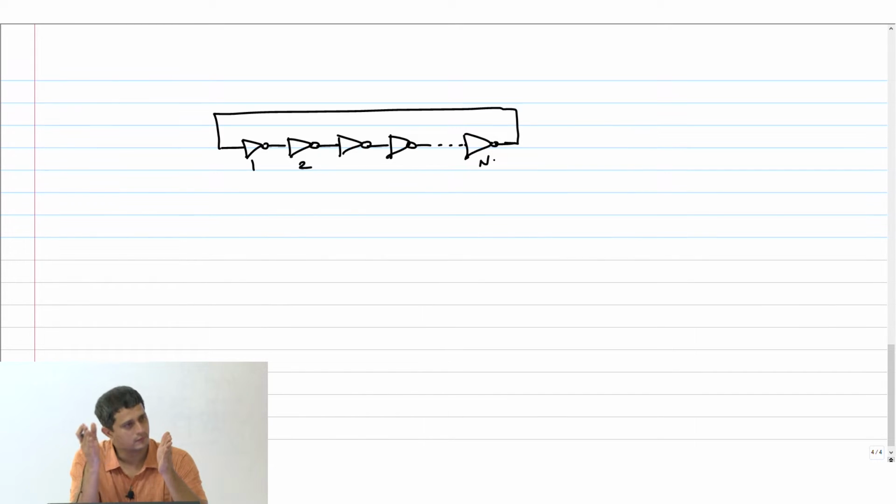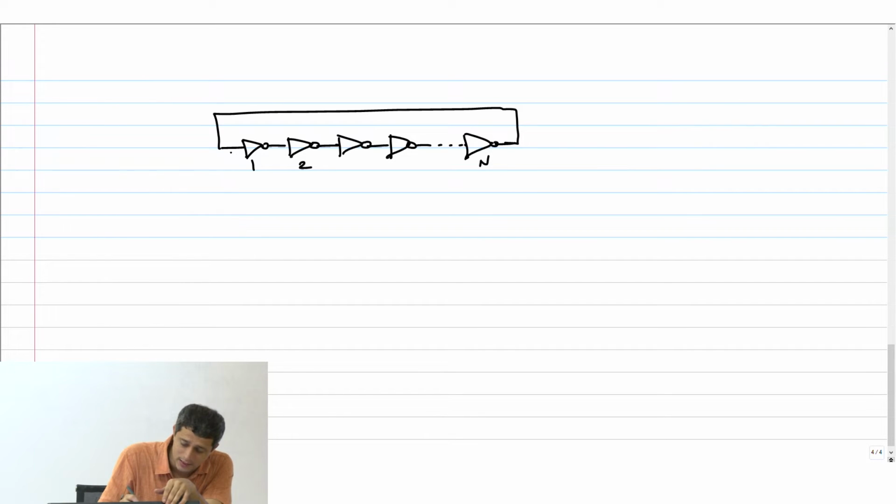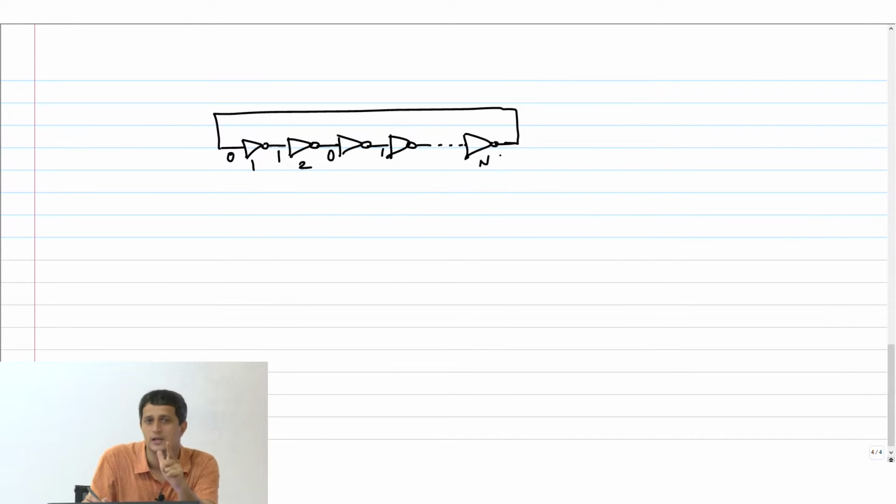However, if there are odd number of inverters in this chain, then what happens is, let's say that this is 0. Then this will make the output of the first inverter toggle to a 1 after some delay, right? So this will become 1, then this will become 0 after some delay, 1, 0, and then eventually, because n is odd, this will switch to a 1, right?